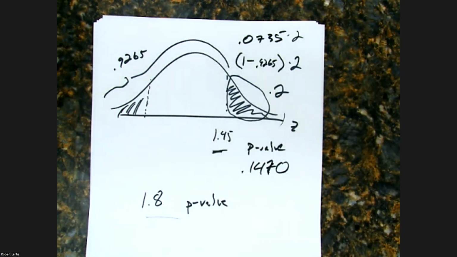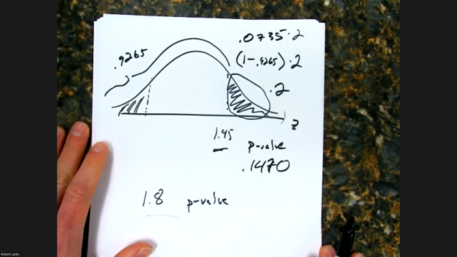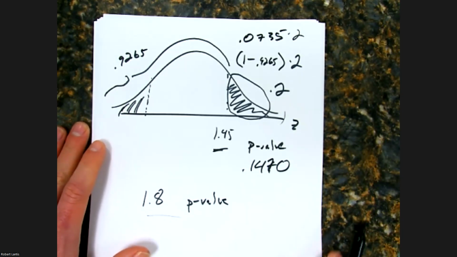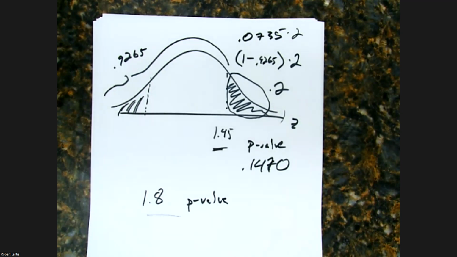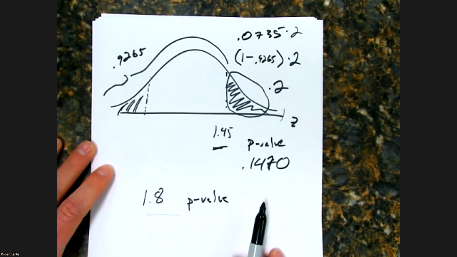Any questions on that idea? So this would be a good one to point out why it's important you remember to multiply by 2. So let's say I gave you a more open-ended question, and I didn't give you one specific alpha, but I said, at what levels can you reject the null, right?